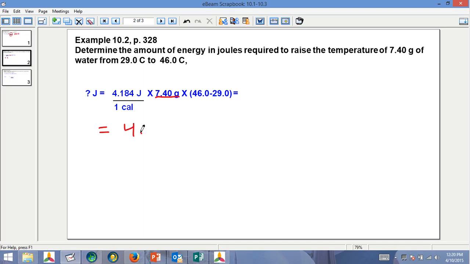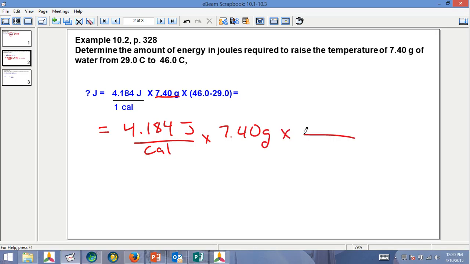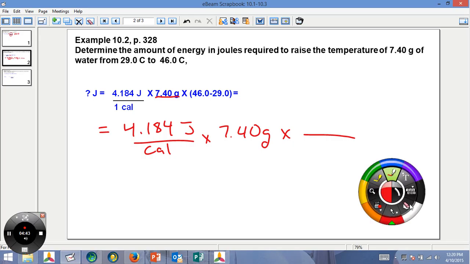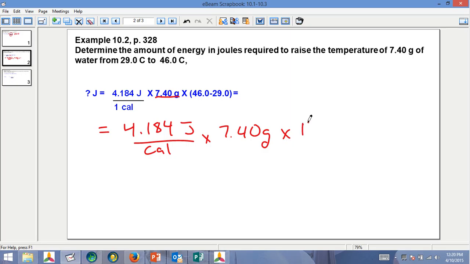We have 4.184 joules per calorie, because it's water, times 7.40 grams, times, and what is this temperature difference going to be? 17. Yeah, 17. Times 17 degrees Celsius. That should be 17.0. Sorry. Degrees Celsius.